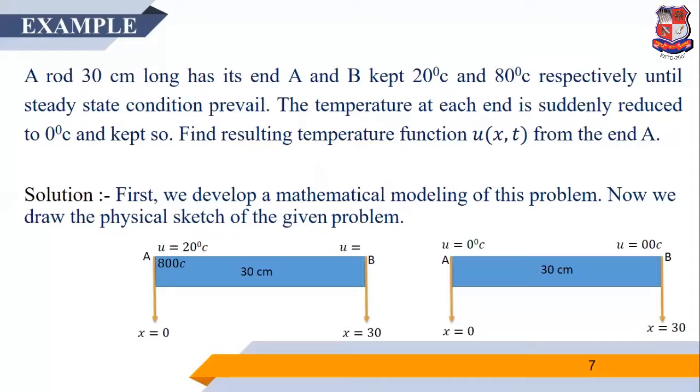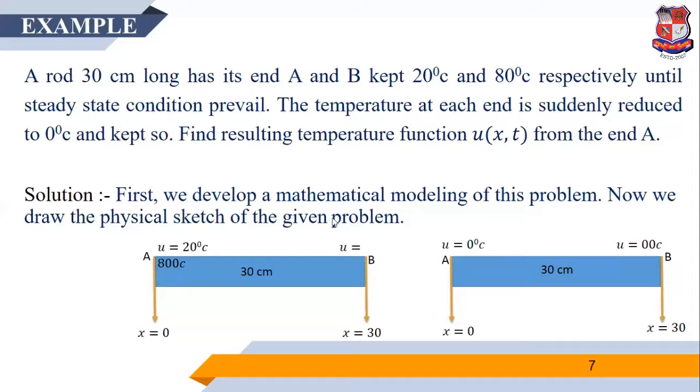Now we consider another example. Example: a rod 30 centimeter long has its ends A and B kept at 20 degrees and 80 degrees Celsius respectively until steady state conditions prevail.